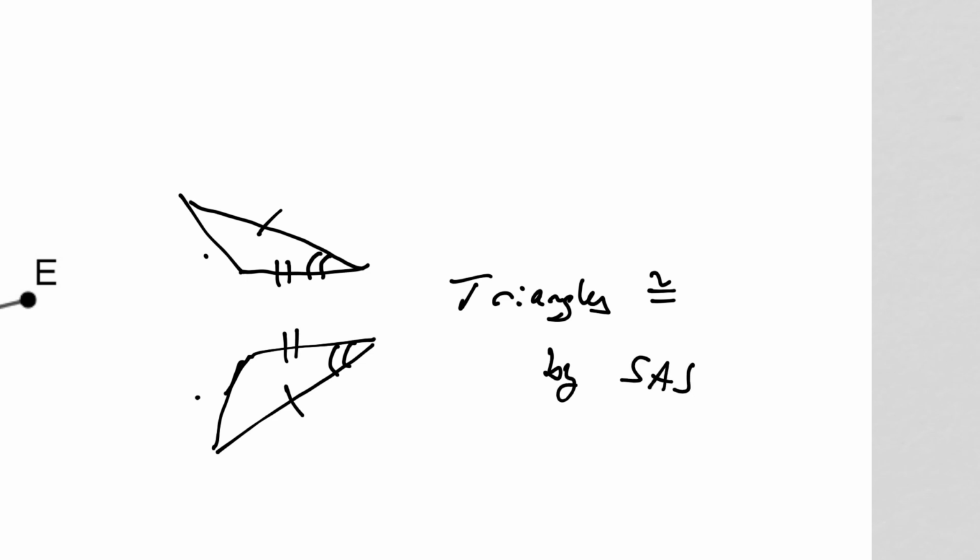It's very important that the angle, if you imagine here's one of the congruent sides and here's another one, those 2 line segments form a V, and that V has to be the angle. So that's how SAS works.